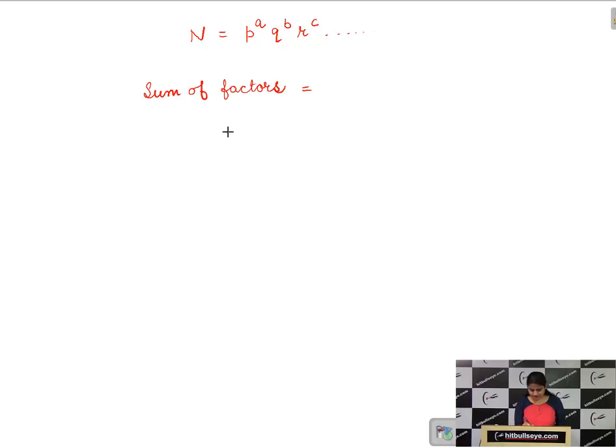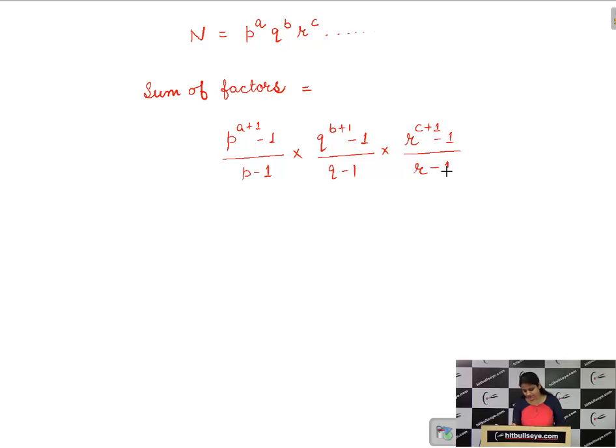It will be (p raised to power a plus 1 minus 1) divided by (p minus 1) into (q raised to power b plus 1 minus 1) upon (q minus 1) into (r raised to power c plus 1 minus 1) upon (r minus 1), and so on. Again, you can generalize this formula as well.